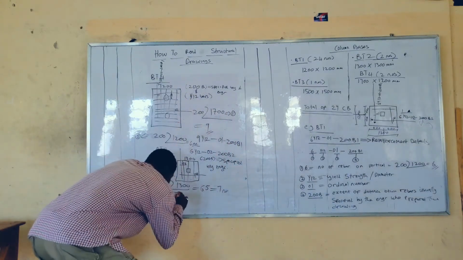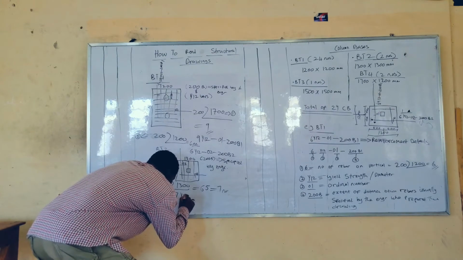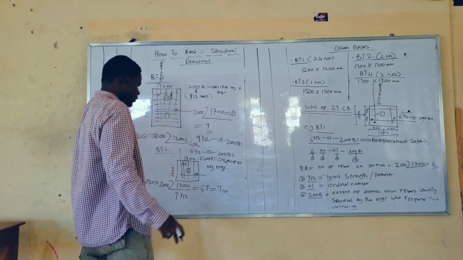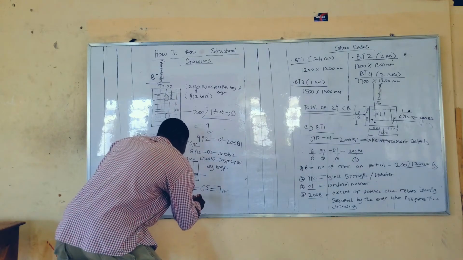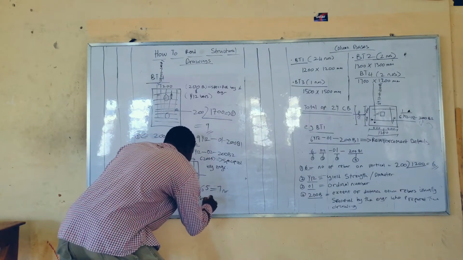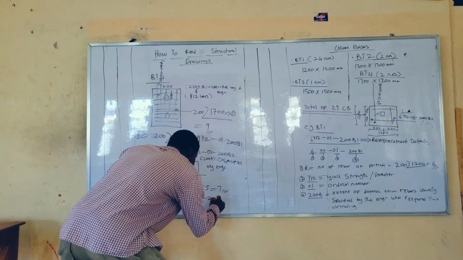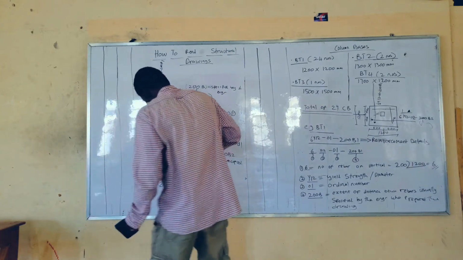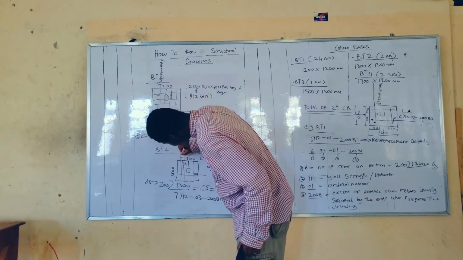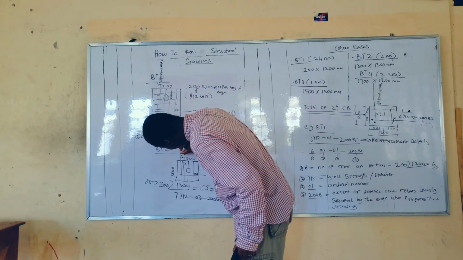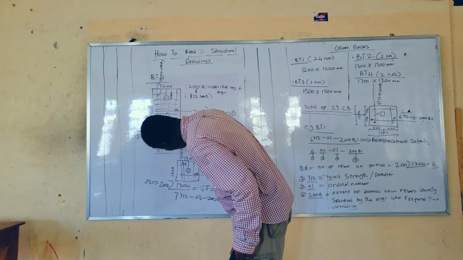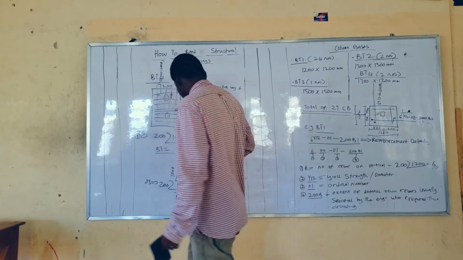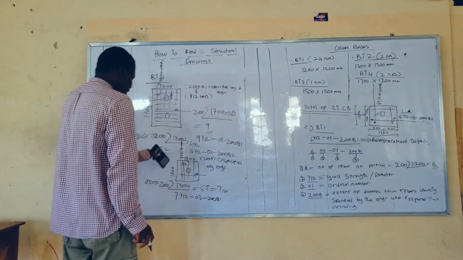So let's go. 7 what? 7Y12. 7Y12 of what number? 03, 200 B1. So it should be here. You check the drawing, see 7Y12 03 200 B1. So let's do for the other one.